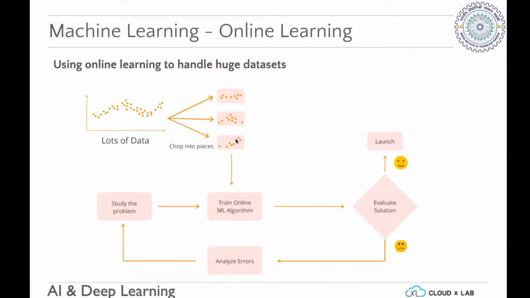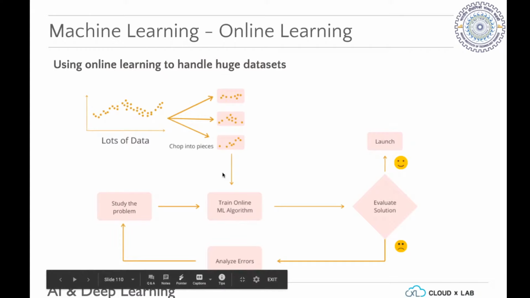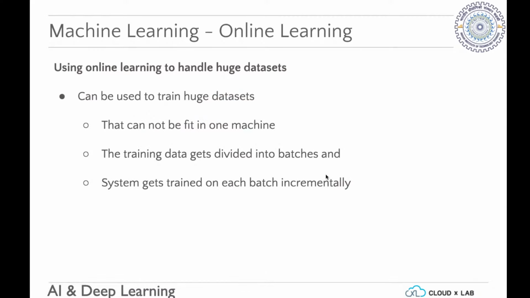That's a nice example here. You break it into small pieces, and then feed it into your training algorithm. This way the online system can handle new data every time it gets it. So the nice thing about online systems is that they can be used to train huge amounts of data that cannot fit into one machine. The training data is divided into multiple batches, and the system is trained on each batch incrementally.